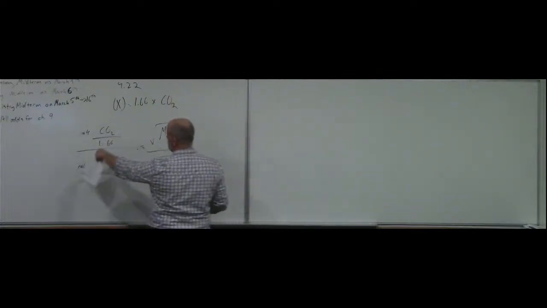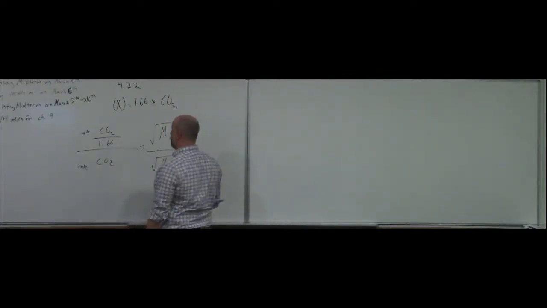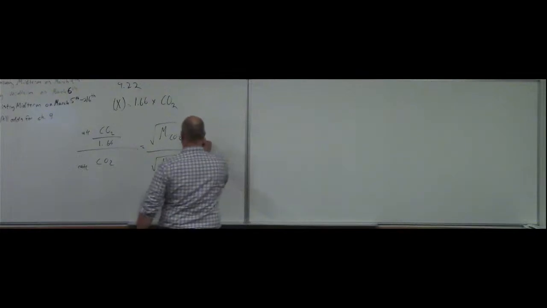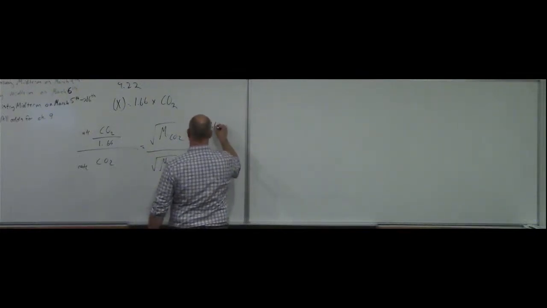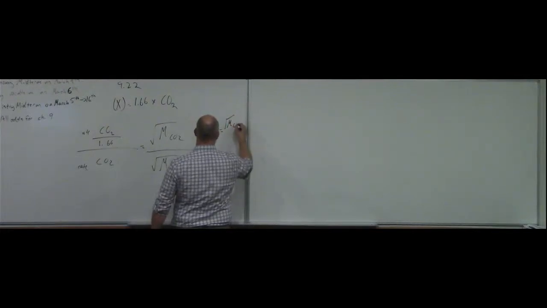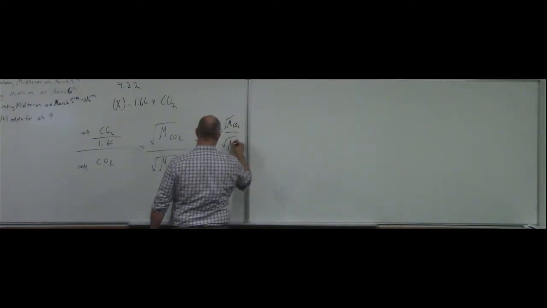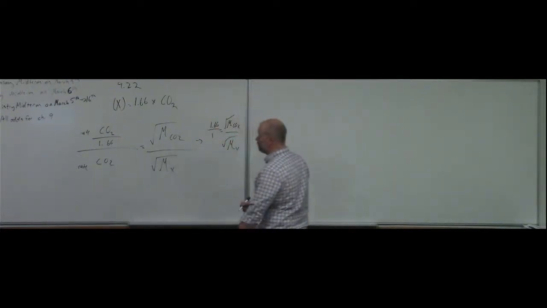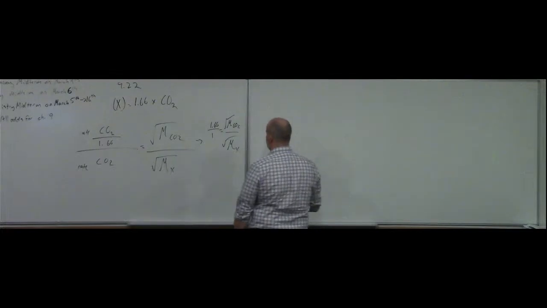We can cross out the CO2 and put a 1 for it, right? So we can take the same thing and we go, all right, 1.66 over 1 equals the molar mass of CO2 over the molar mass of X.